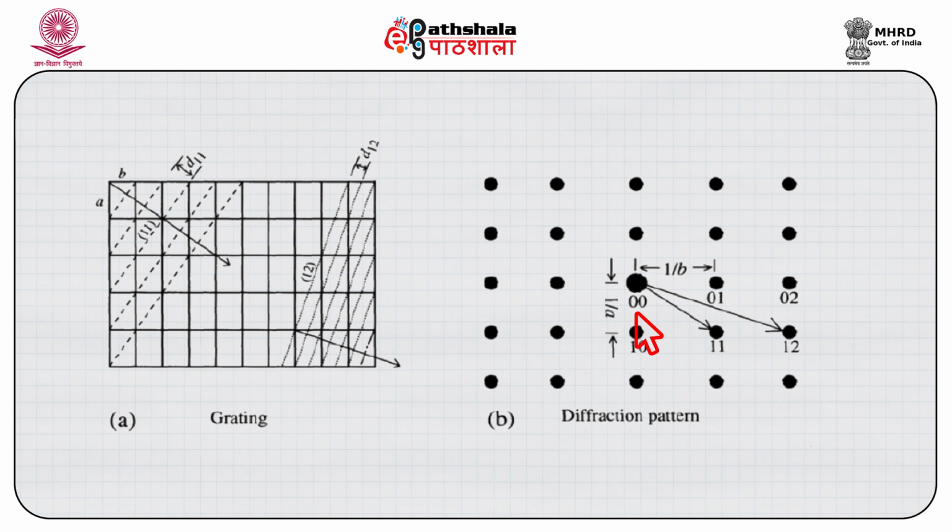Now, the one difference which is very apparent in the grating and the diffracted pattern is that there is no origin actually marked on the object, whereas when we are looking at the diffracted pattern, we are considering the origin, and the origin is where the beam is not diffracted.